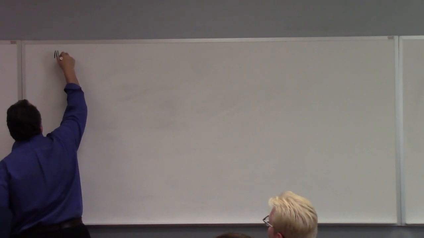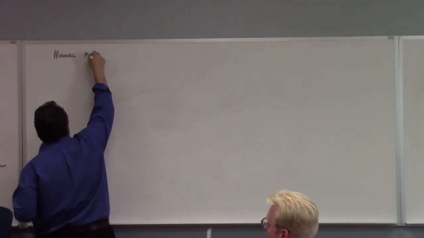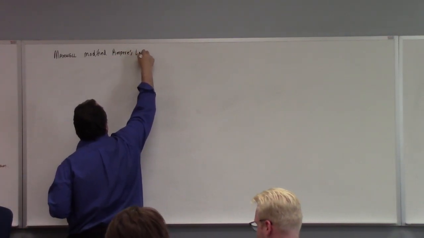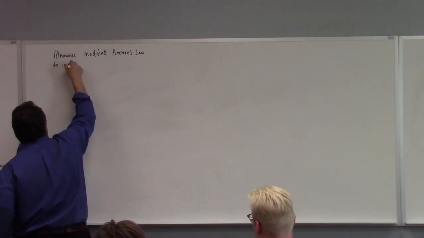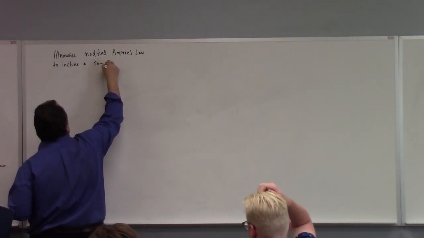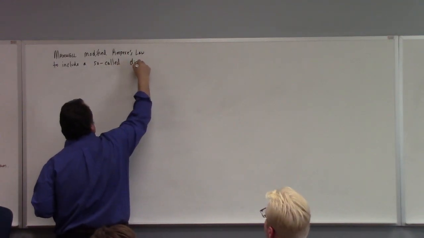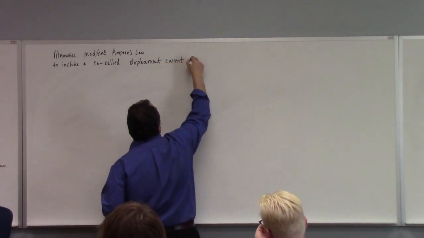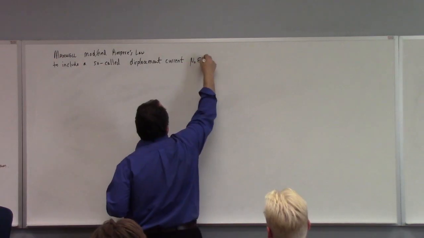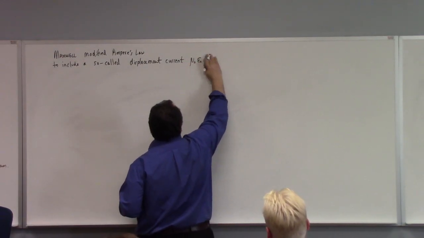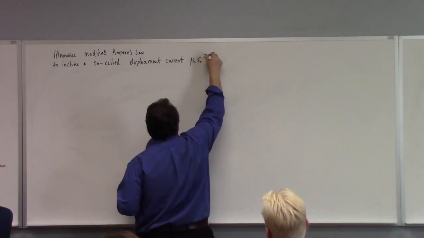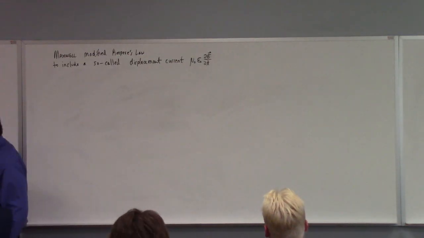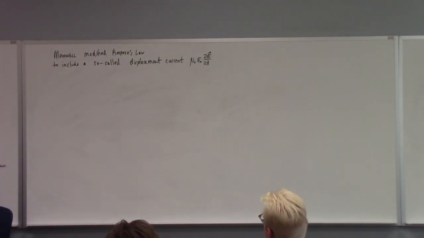So Maxwell modified Ampere's law to include a so-called displacement current, mu naught epsilon naught, not E, but partial E partial T rather.